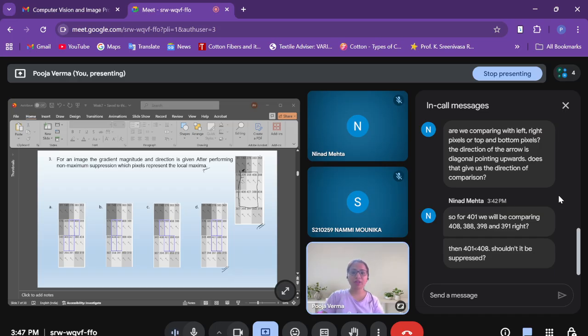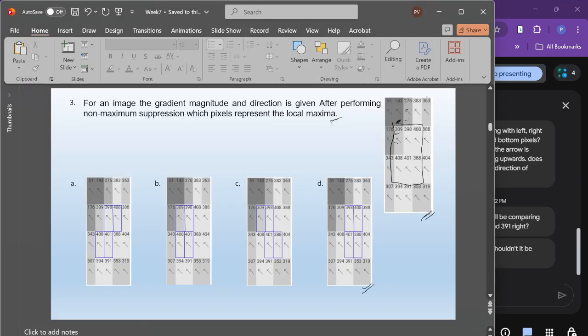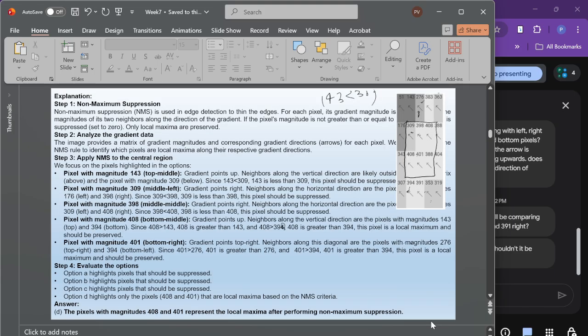We just need to check with the different permutations and combinations, and check which image gradient, in the magnitude and direction, will perform the non-maximum suppression. Okay, so I hope all of you understand this question. Now moving to our next question.